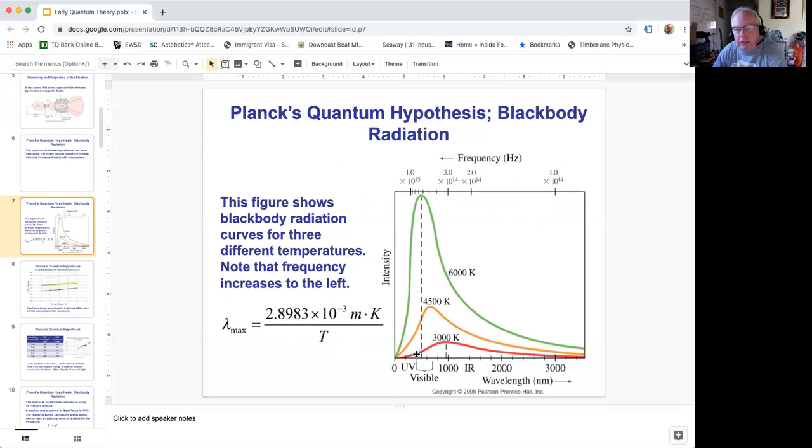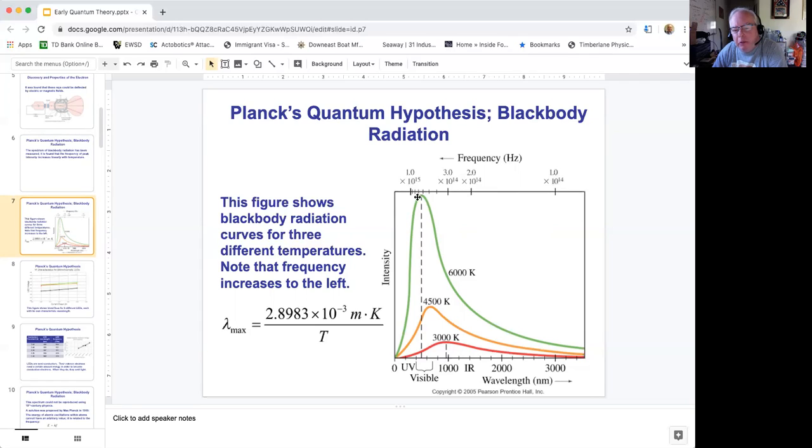So in this graph, you can see the green around 6,000 degrees Kelvin. That's about the surface temperature of the sun. And the peak wavelength produced by our sun is green. So you might want to think about that next time you take a look at those green leaves out there.